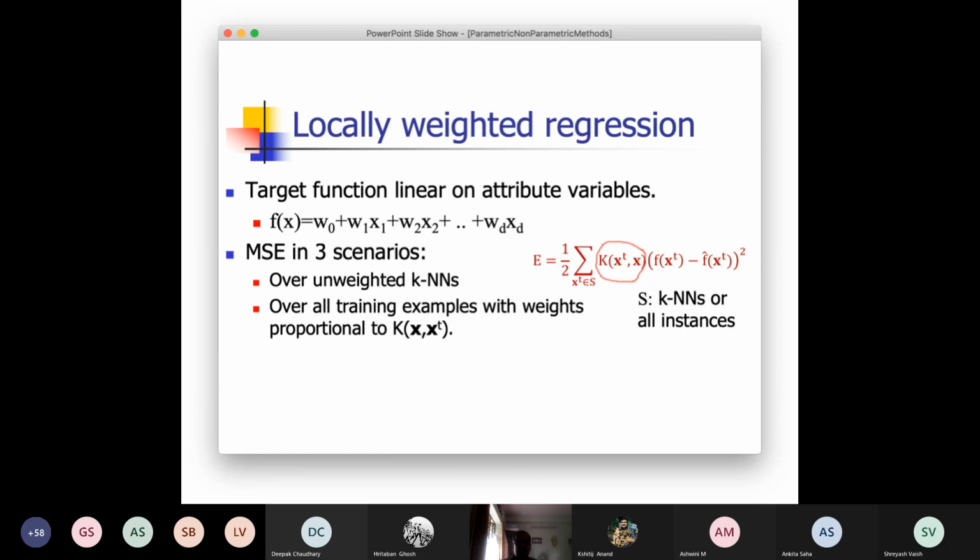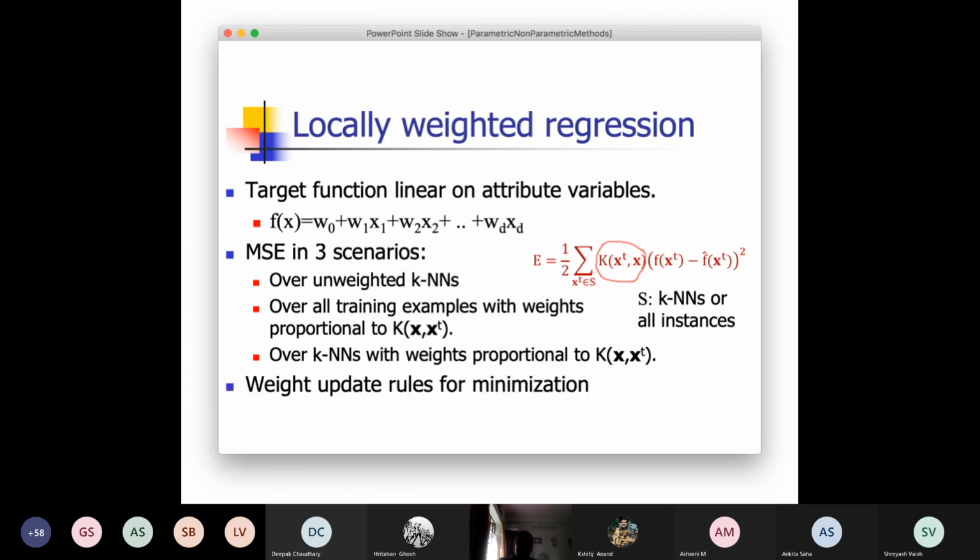Then, over all training examples with weights proportional to K(x, xt), it would be a global function. Otherwise, if we consider a local window, you can recompute for every local window, so then it becomes local. Or over k nearest neighbors with weights proportional to K(x, xt), as I mentioned there. So these are the weight update rules for minimization, where you follow the steepest gradient method. Please look into the literature, look into your book.